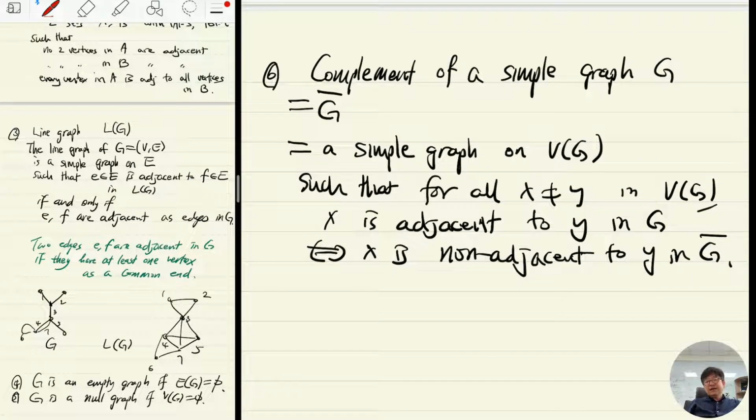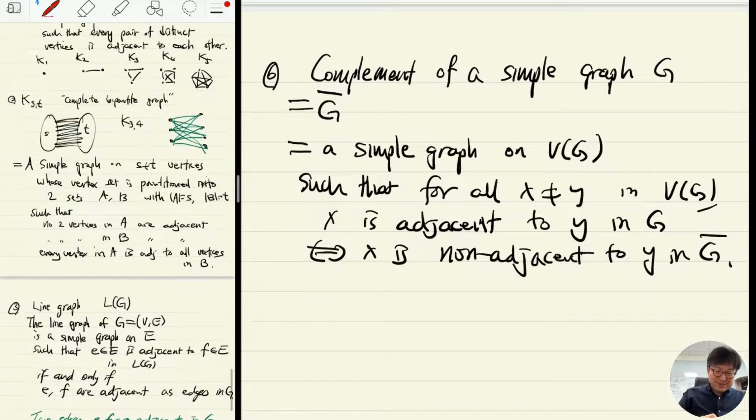All right, so that's the complement graph. So these are the common constructions and operations. Now, what's next?